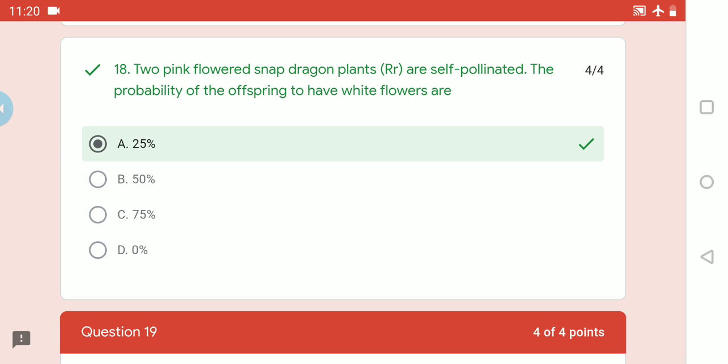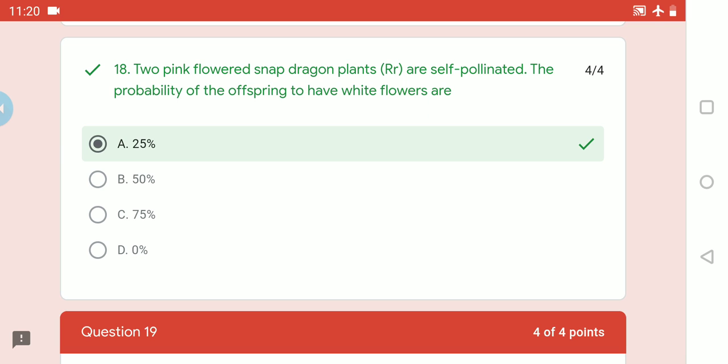By selfing capital R small r with capital R small r, what ratio will we get? There are 3 possibilities. Capital R capital R is red flowered, capital R small r is pink flowered, and small r small r is white flowered.